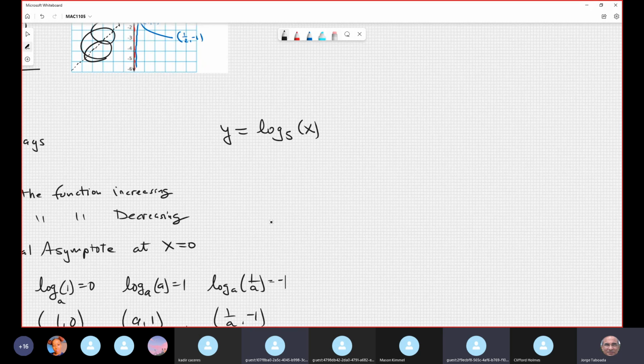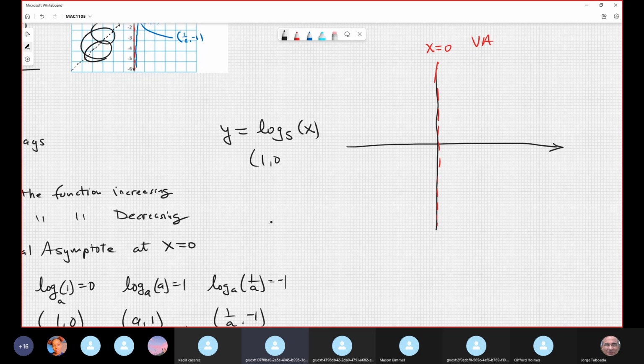Okay, professor, I know that our graph contains one vertical asymptote, x equals 0, on the y-axis. And the typical points: the point (1, 0), the universal one, I plot that.